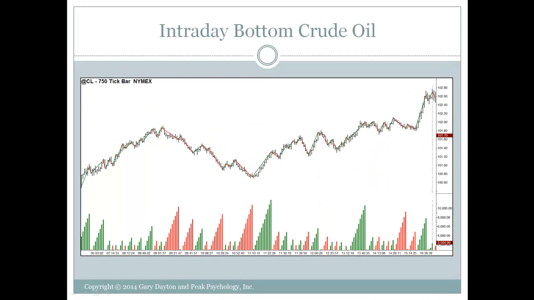Okay, let's take a look at a crude oil bottom. I normally do not see a lot of Forex charts with the Weiss wave. Is that because Forex has tick volume only? Yeah, intraday it's got tick volume, but that's fine.